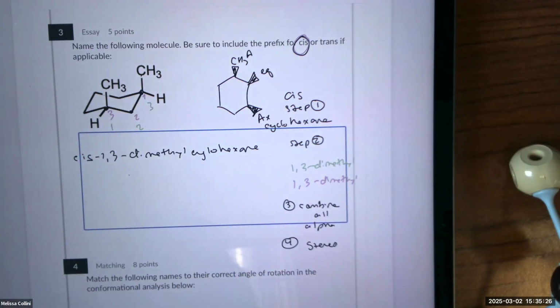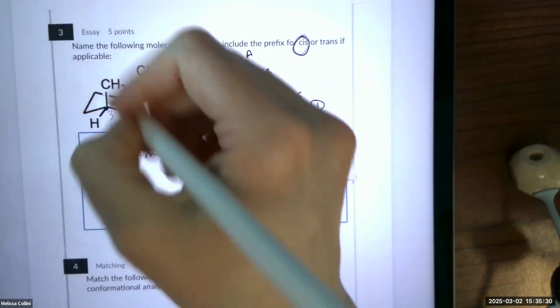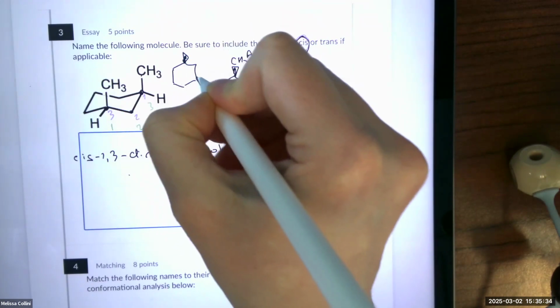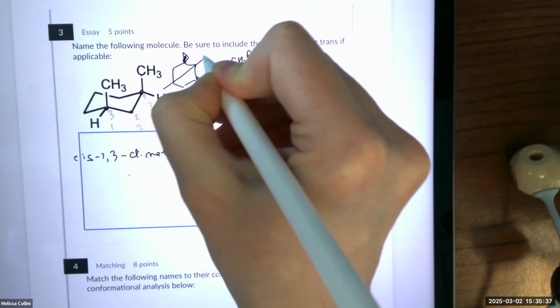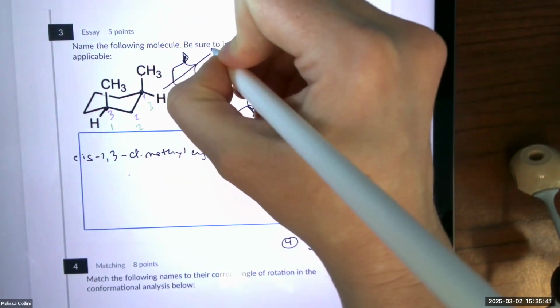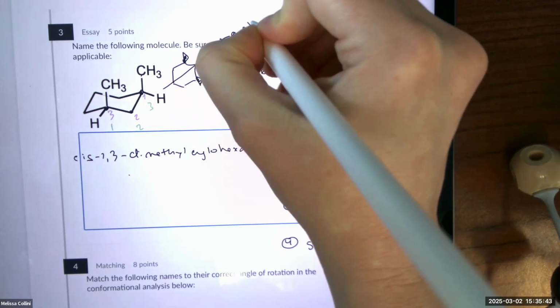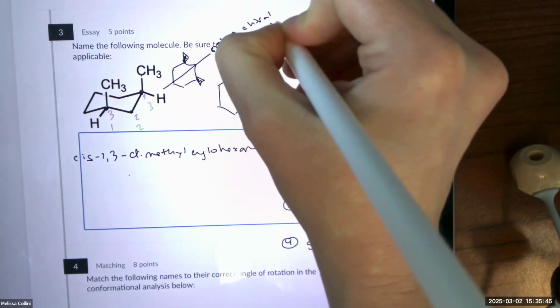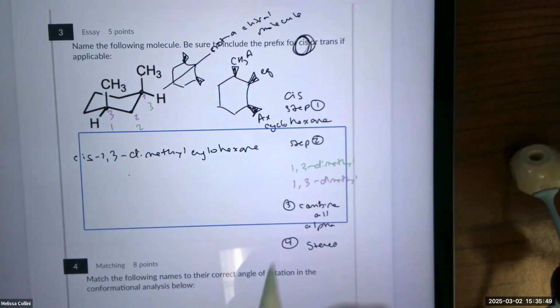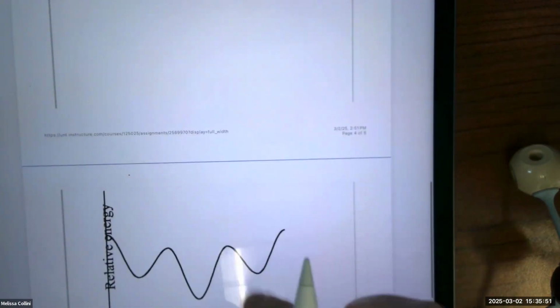I had somebody ask me, could you do R and S configuration on this? But because there is a plane of symmetry right through the middle, this does not have an enantiomer. This is not a chiral molecule. So cis or trans would be correct, but I tried to not make you worry about that by just saying to include cis or trans.